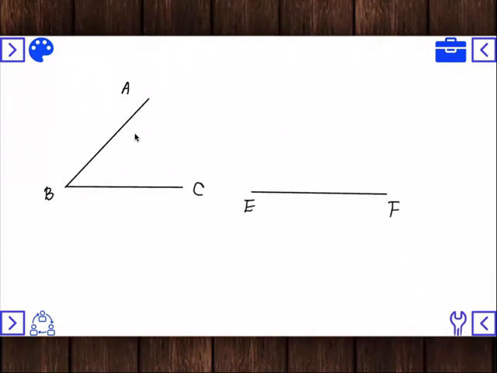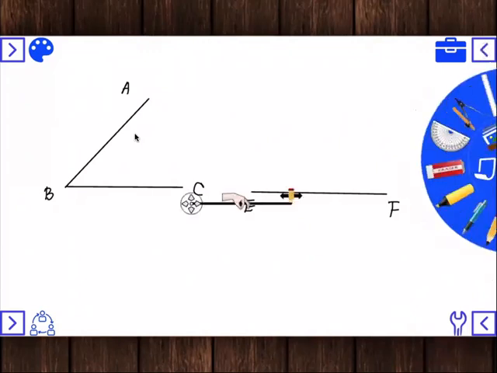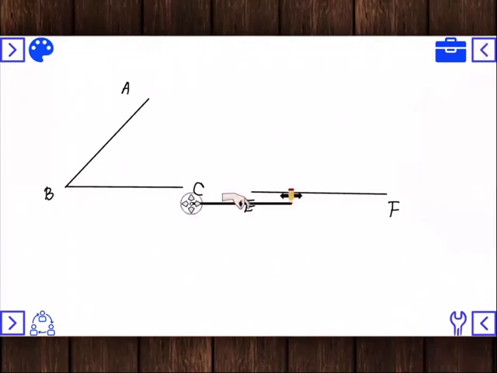Okay. And how do we create an angle that's identical to the first one? Step one, with the center at B, draw an arc cutting AB at X and BC at Y. So now we need to use the compass.